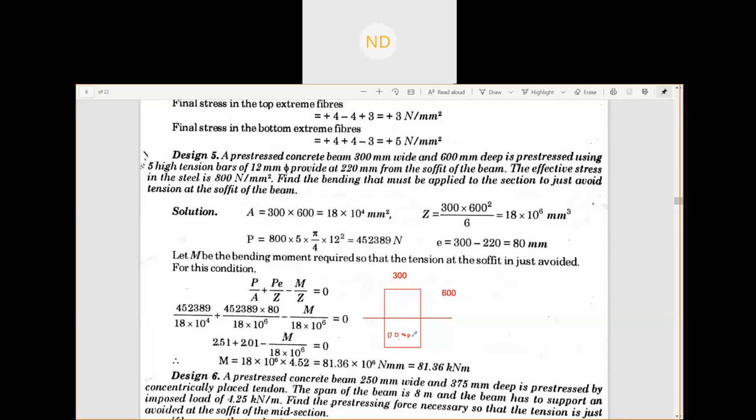So these are the 5 bars provided to you. From the soffit it is how much? 220 mm. So these are your bars.